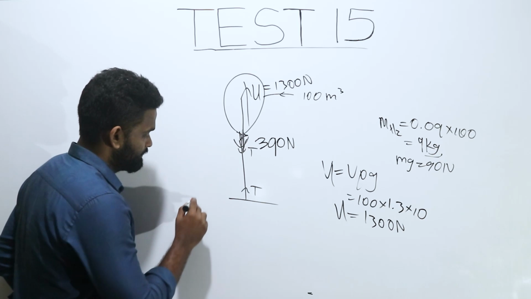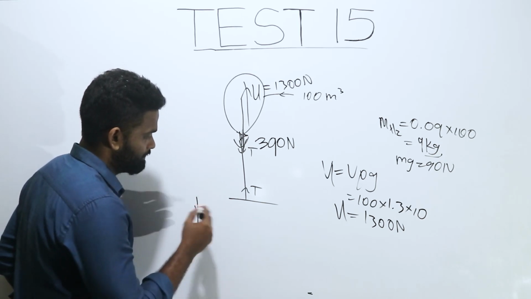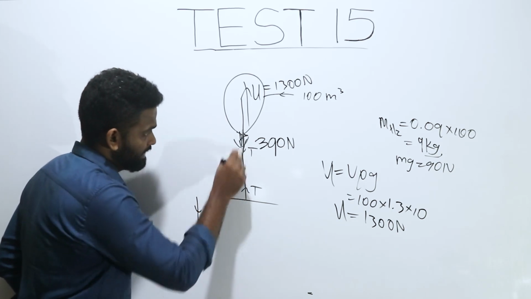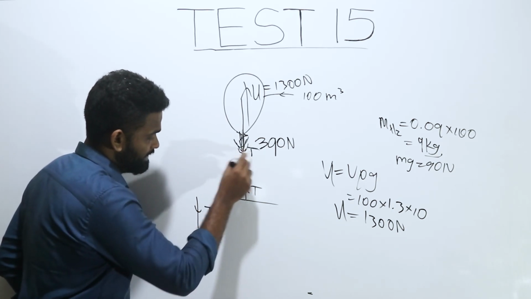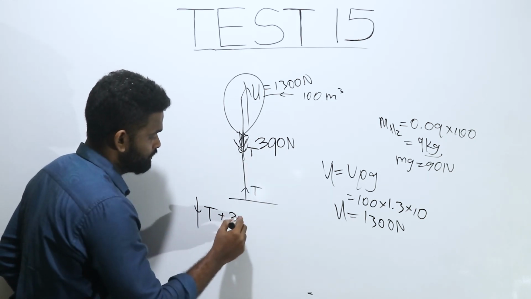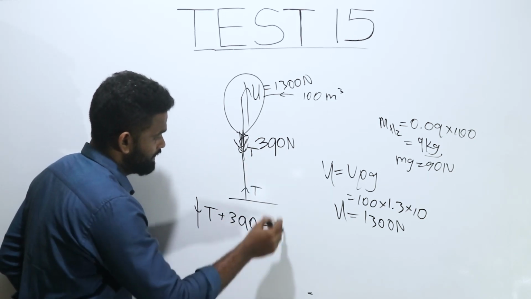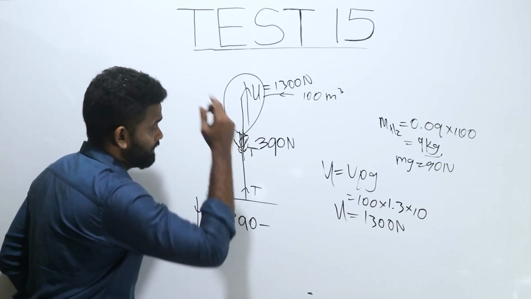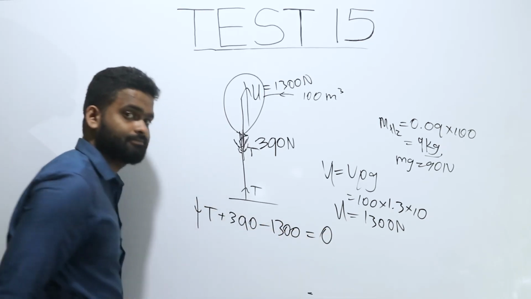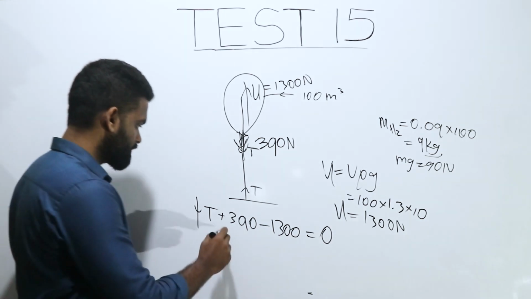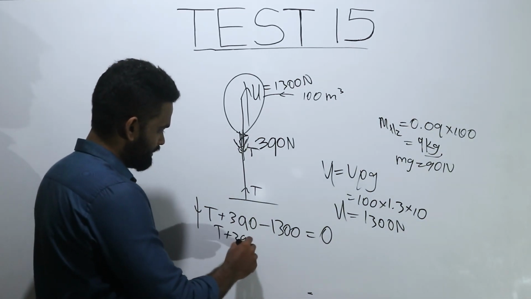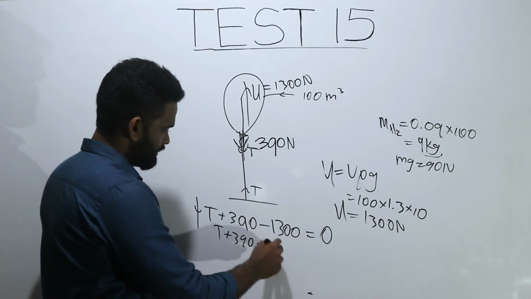Okay, so I'll put that downwards. The tension acting on the balloon is downwards, T. Then the weight is also downwards, plus the upthrust acting upwards, which is 1,300. This is equal to 0. So T plus 390 equals 1,300.